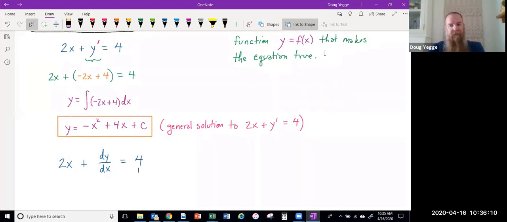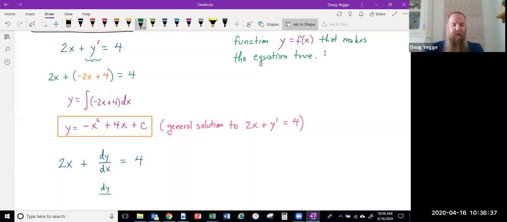But it looks a little different, yet it's still a differential equation because it still has a term involving a derivative. Okay? But now we're going to look at this in a little bit different way to see how we're going to solve this and show you that we've actually done these problems, like I mentioned, since Calc 1. Let's go ahead and subtract that 2x to the other side.